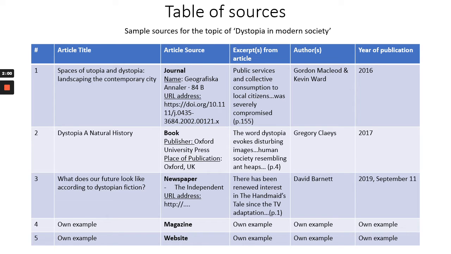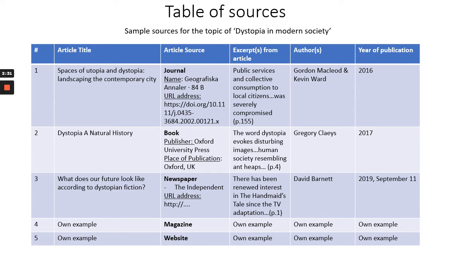So in your table of sources, you have the article title in one column, the next column article source, followed by excerpts from the article, the authors who have written the paper, and the year of publication. So for this example, 3 sources are provided, while the 2 others, the magazine and website, are examples that you can provide.